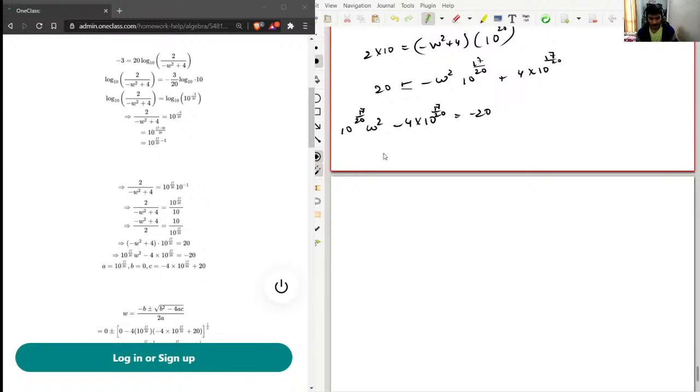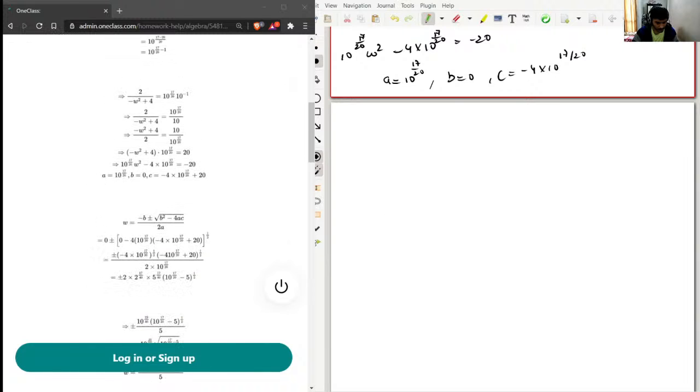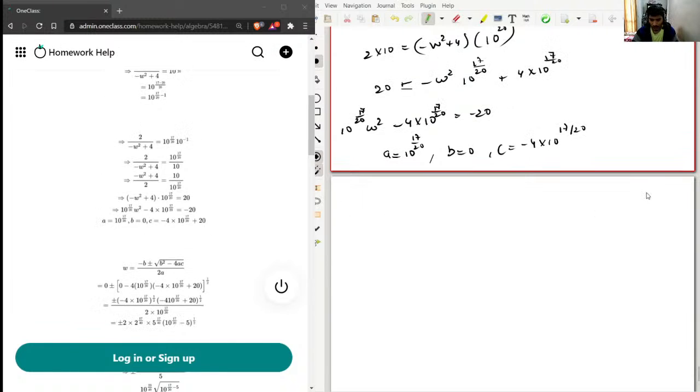Now in this equation, let's say that a is 10 power 17 over 20, b is 0, and c is minus 4 into 10 power 17 over 20. Basically I was right in this step. We'll just add 20 here and it will be equal to 0.